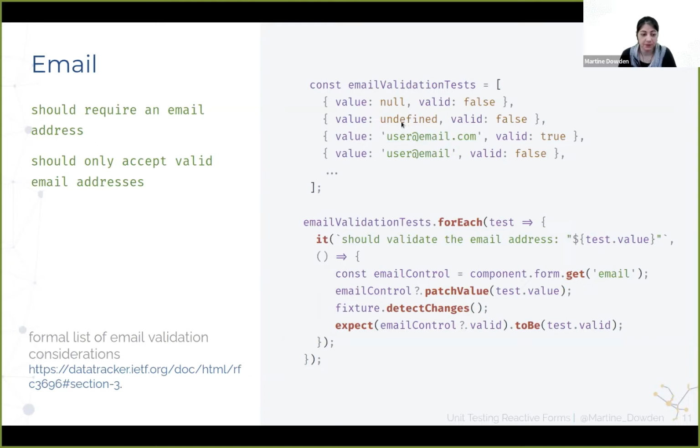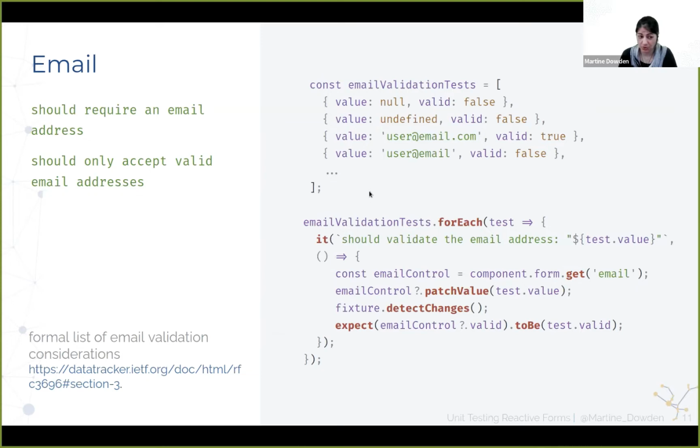Now, for email addresses specifically, there's a formal list of email validation considerations at datatracker.ietf.org, which gives you all of the options that you should be checking for your regex.